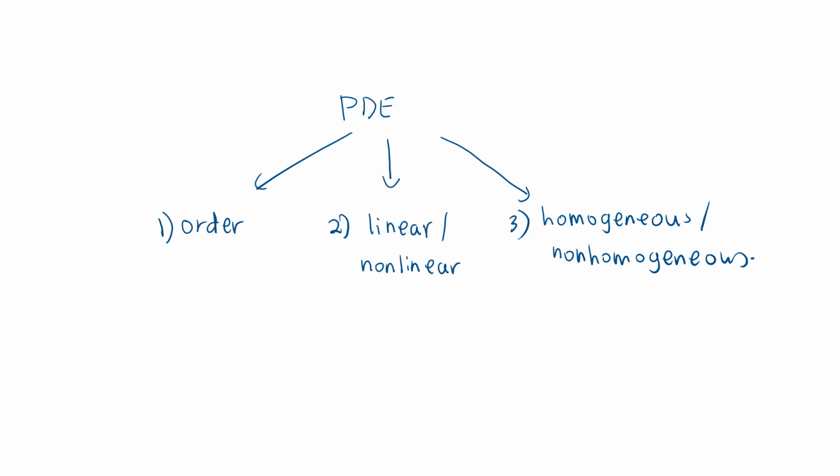Now, how do we identify the types of PDE? First, we will go through how to know the order of the PDE, and how to know that the PDE is linear or nonlinear. And the last one is we want to know if the PDE is homogeneous or non-homogeneous.